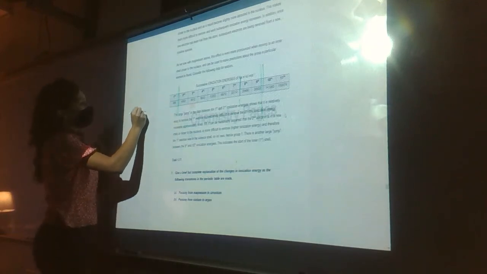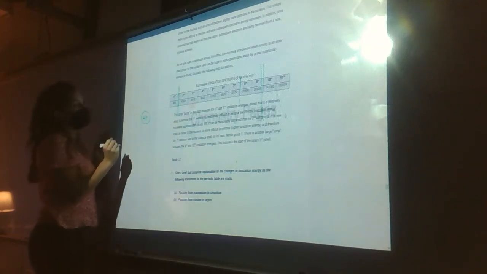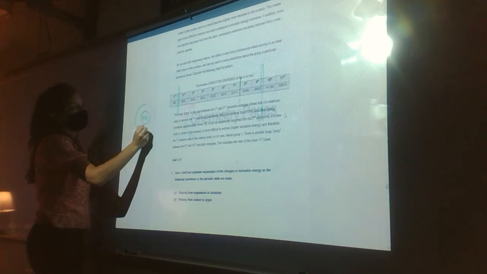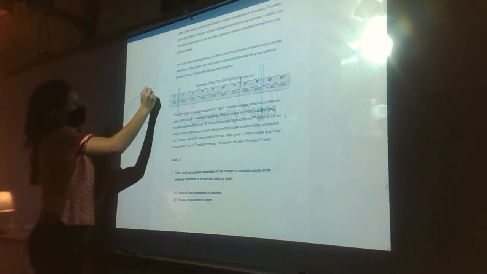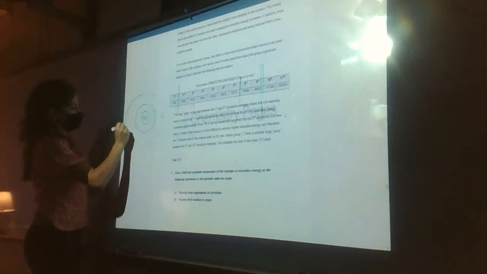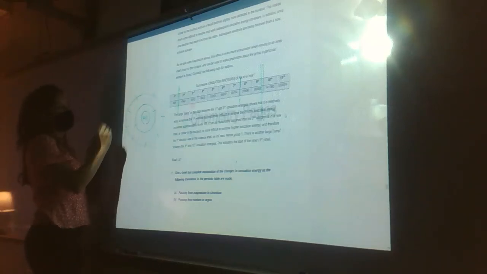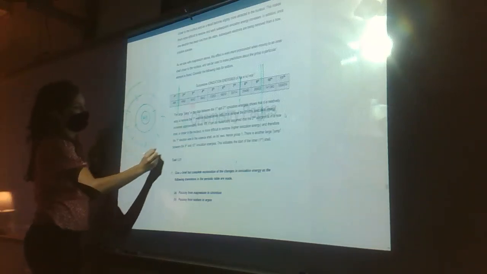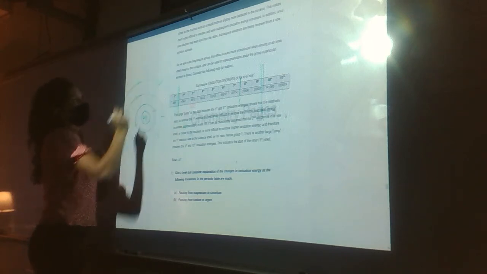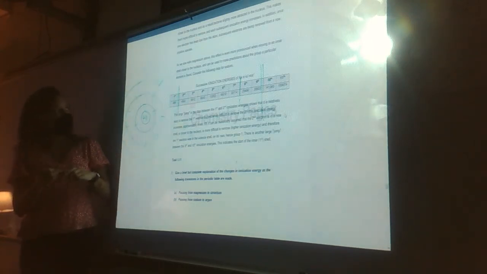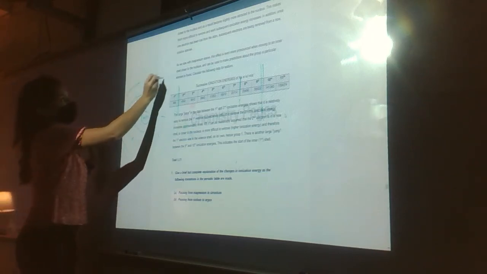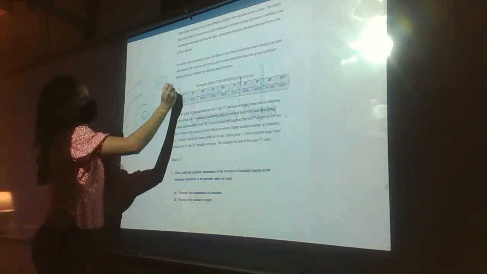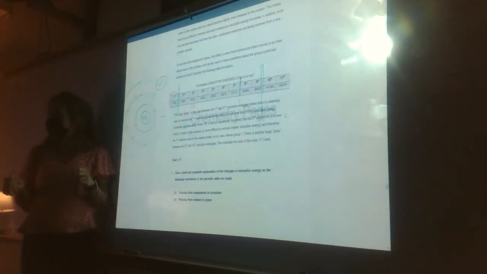If we look at sodium, plus 11, 2, 8, and then 1. Removing the first one takes 496 kilojoules per mole. Not very much.